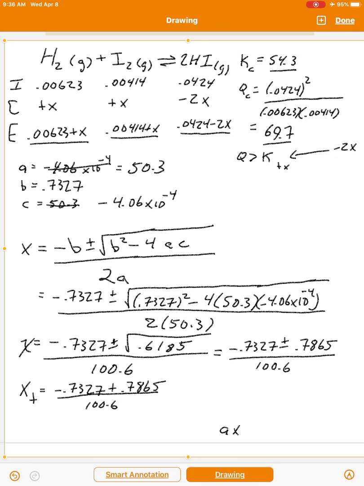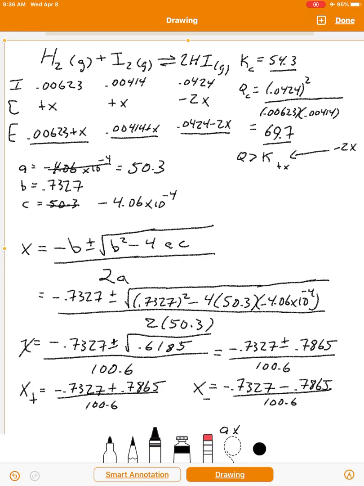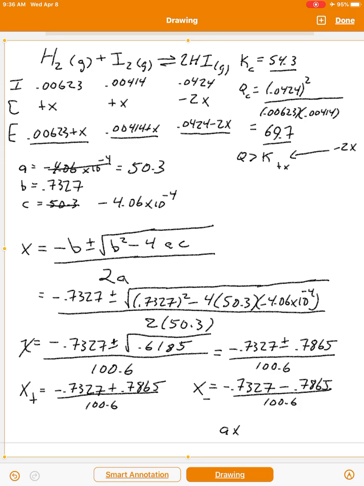And then you're separately going to do the negative root. So that would be minus 0.7327 minus 0.7865 over 100.6. Okay. All right.